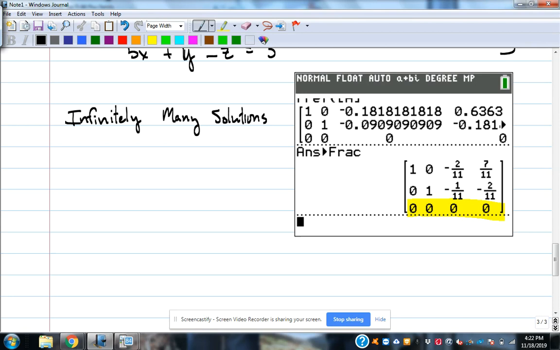Okay, infinitely many solutions means this one's consistent and dependent. So with a 3-variable system, a physical example of something that has infinite number of solutions would be if you had this wall, the ceiling, and another copy of this wall.